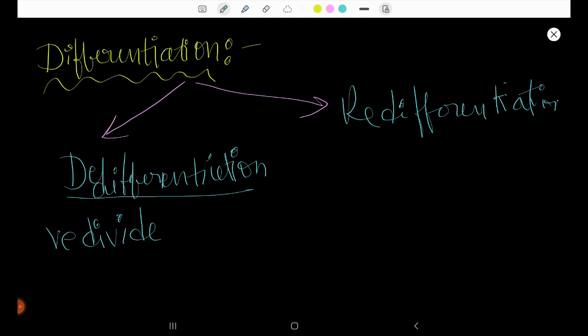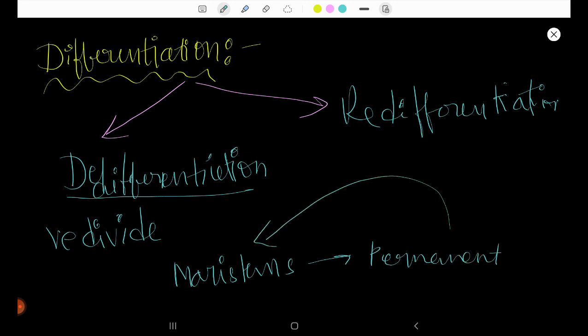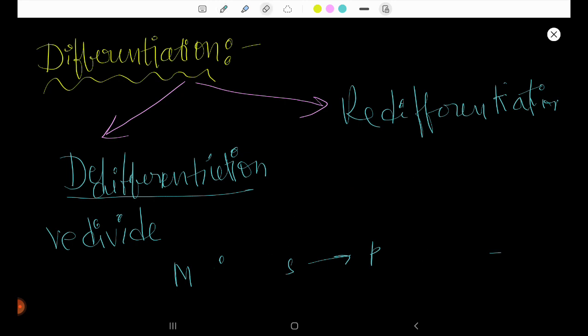Simply, after conversion of meristematic cells to permanent cells, these permanent cells again possess the ability of redividing, meaning they again act as meristems. One such example is the interfascicular cambium.